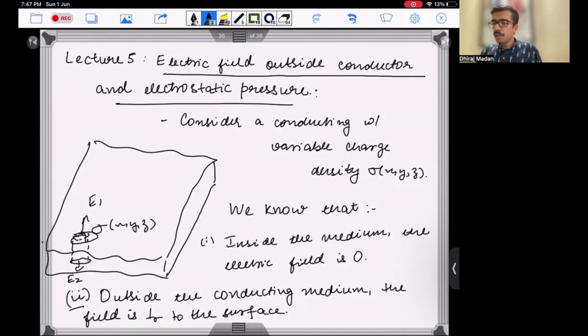E1 is the electric field on the upper patch which lies outside the medium, and E2 is the field on the lower patch, which lies inside the conducting medium.